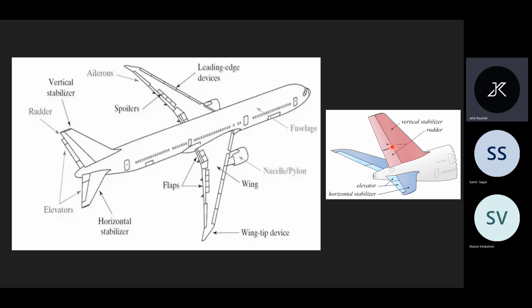The vertical things are known as vertical stabilizer with rudders. These things can move, and these are horizontal stabilizer with elevator. Elevator can also move.